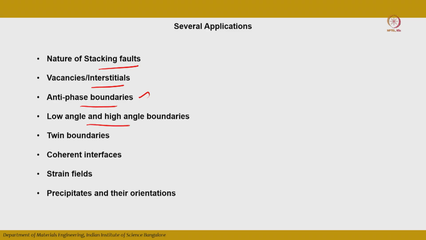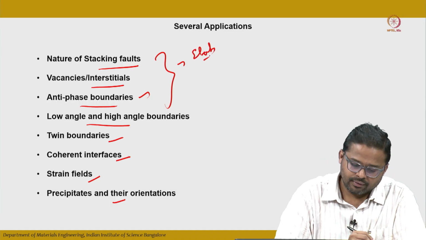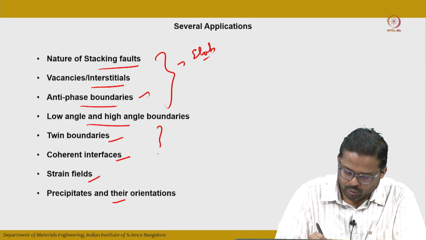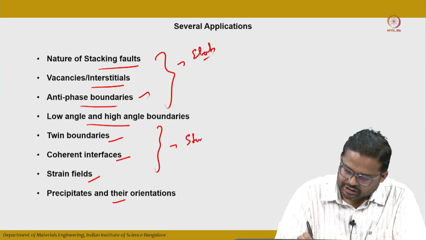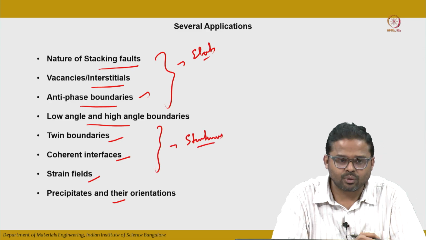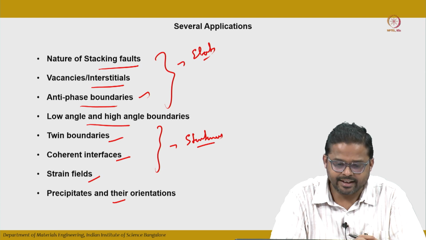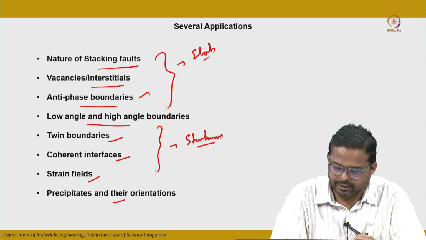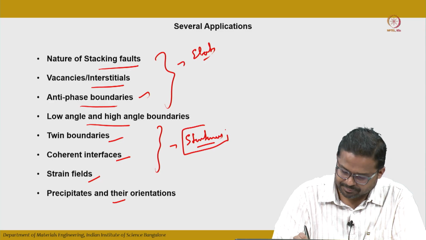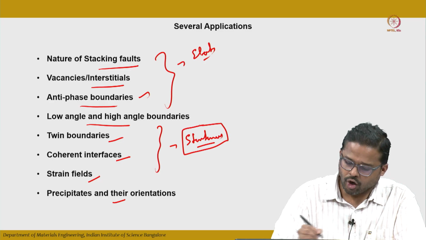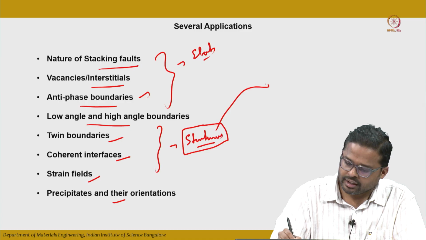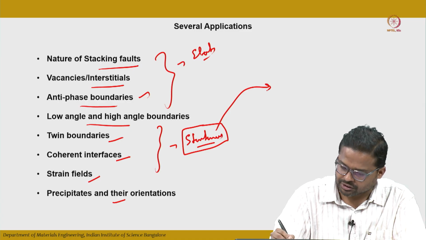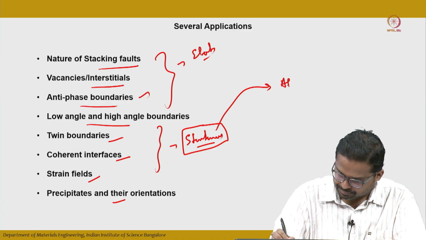Low angle and high angle boundaries, twin boundaries, coherent interfaces, strain fields, precipitates and orientation can be investigated by the electron microscope. Now, whatever analysis we have been doing up to here is related to the structure, as in my first class, where I talked about the use of electron microscopy for structural analysis, correct. All of this analysis can be used correlatively with the atom probe.